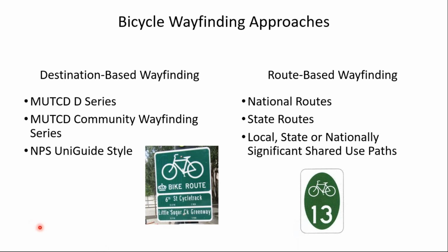And they also talk about route-based wayfinding, which could be national routes, there's state routes, but maybe also local, state, or nationally significant shared use paths. And guidance on this, as I said, is given both in the MUTCD and in the new bicycle guide.